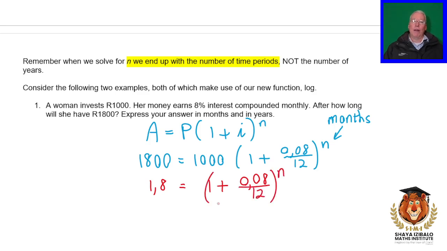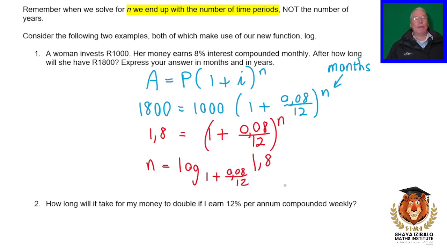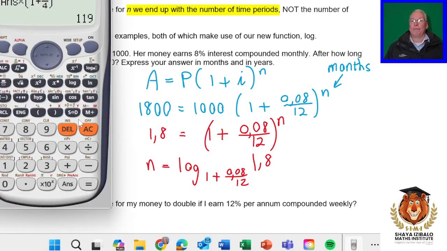When we're solving an equation and the variable is in the exponent, we use the log function. So n will actually be log base 1 plus 0,08 over 12 of 1,8. Really important that we keep our handwriting as neat as possible, so we've got everything on the right level. And let's take a look at this.